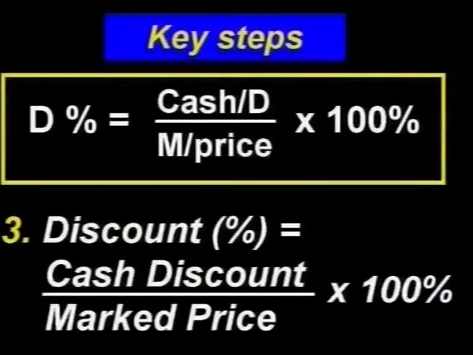The third key step, discount percentage equals cash discount over mark price times 100%. That is when we want to calculate a certain amount of money into a percentage. That is the formula to use. Those are the three key steps that people in shops use to work out the discount price of certain goods in the store.